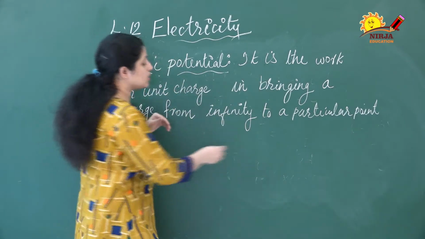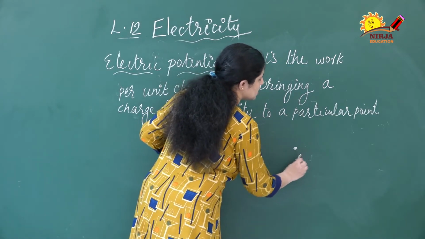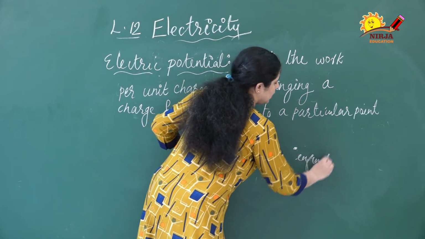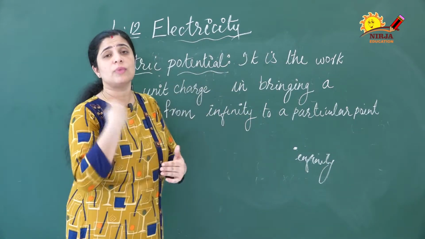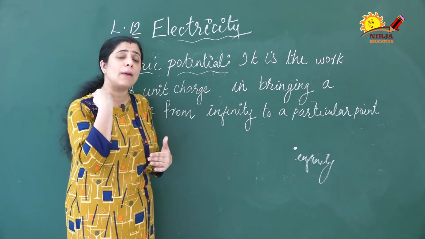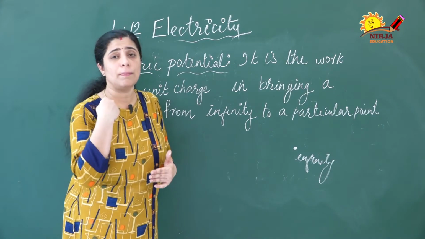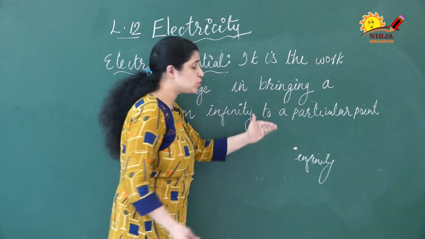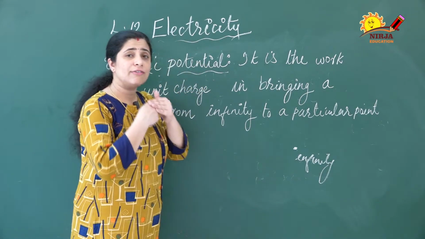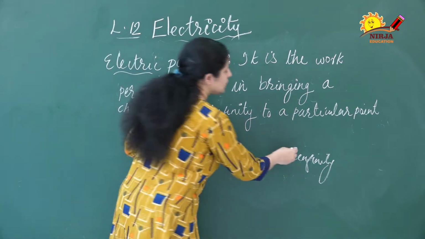Suppose here one charge is there, this is infinity. Already we have discussed that to remove the electrons from the outermost shell we have to apply some force. So here also you have to apply some force, or do some work, to move this charge.